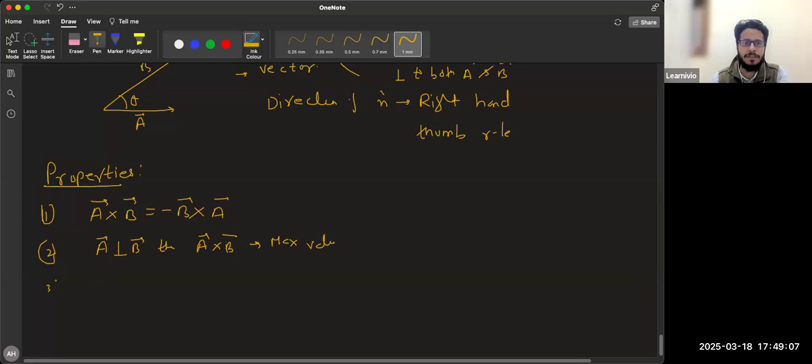If vectors are parallel, like if A is parallel to B, then A cross B is 0, because sine 0 is 0.